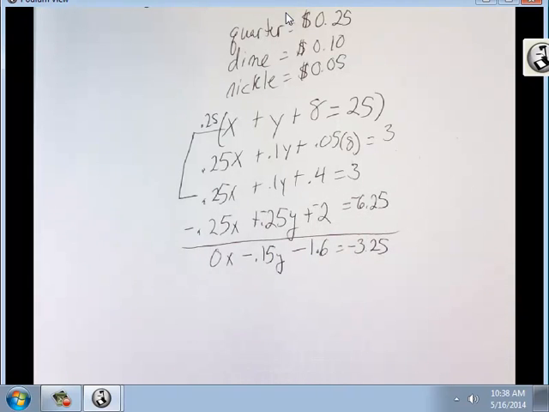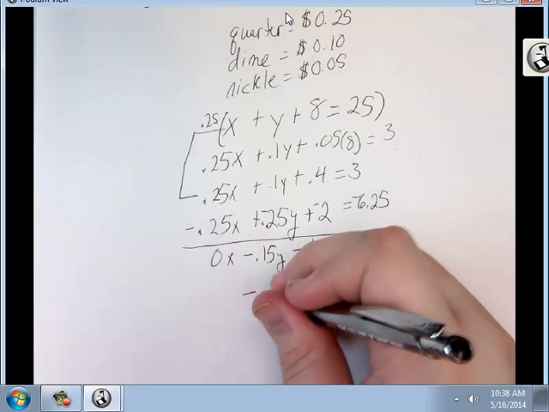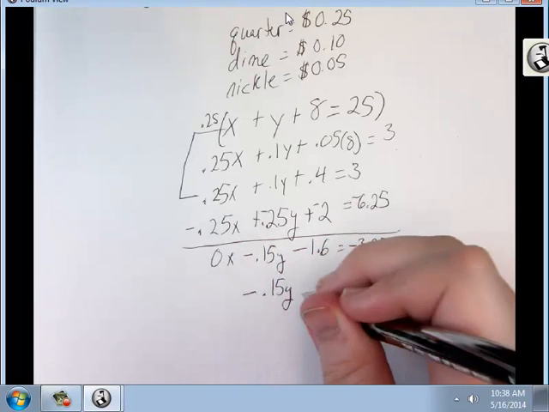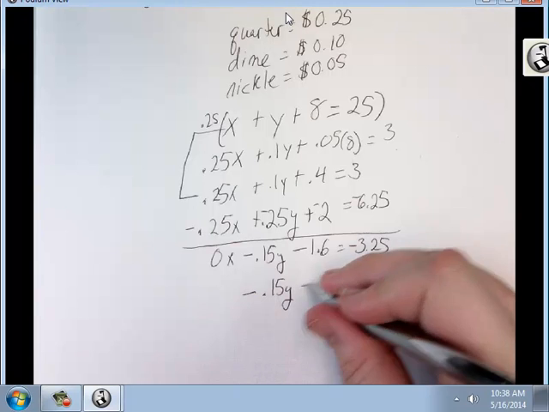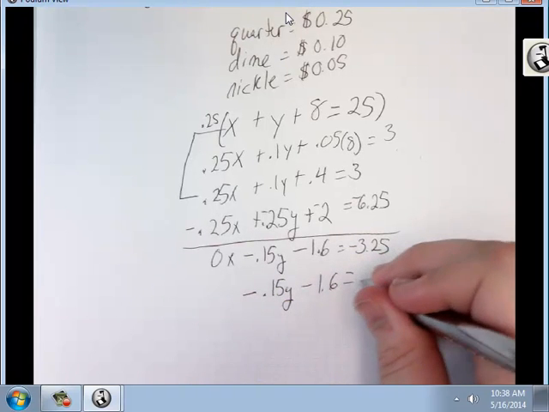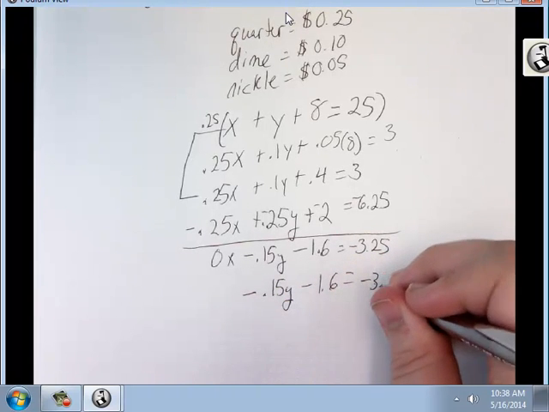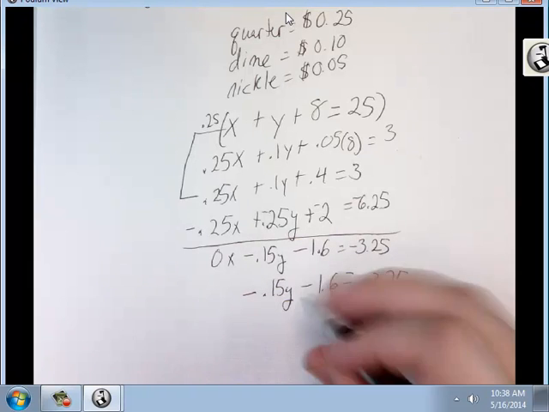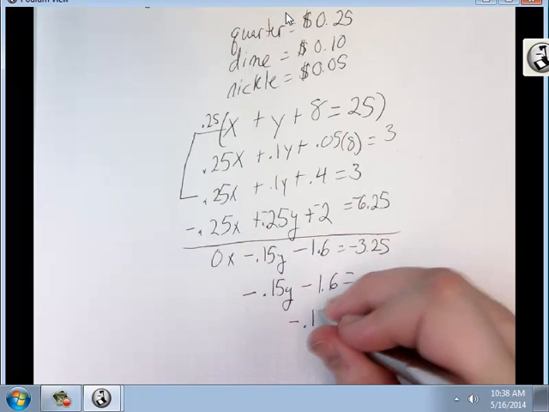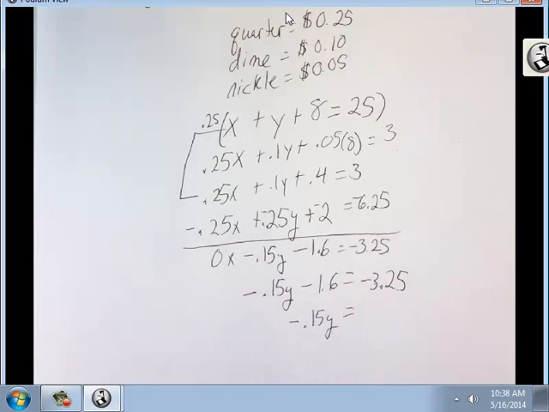So minus 0.15y minus 1.6 equals minus 3.25. Minus 0.15y equals, and that comes out to minus 1.65.